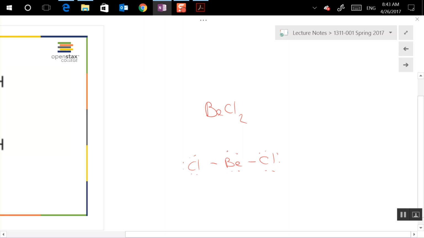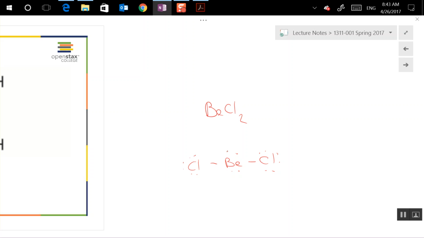Is this right? How many electrons do I need in this structure? So I have 2 chlorines, which are 7 each, right? So that's 14.